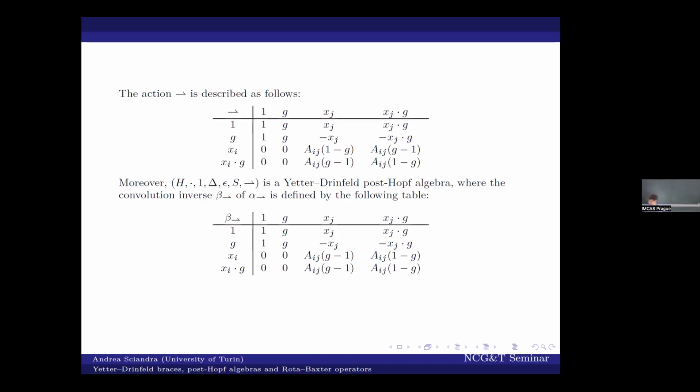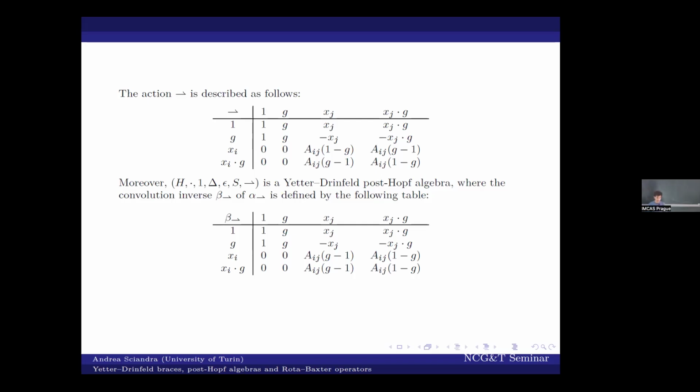This also is the same that we have for Swidler. Again, we have an aij since we have xi and xj, while before we had just one x, but it is the same table. And this forms a Drinfeld post-Hopf, where again the convolution inverse beta of alpha is the same table where we change signs on this line here, on the third line.